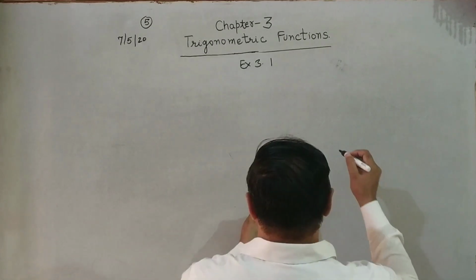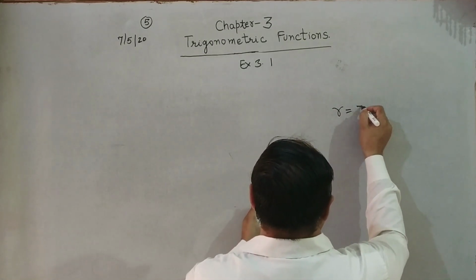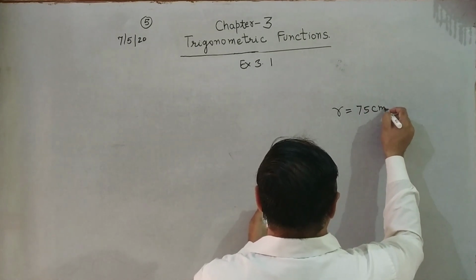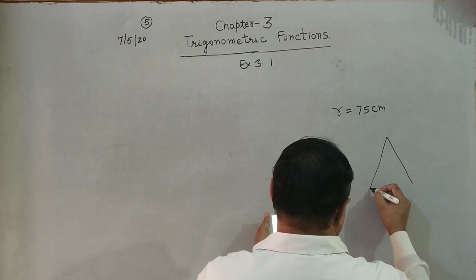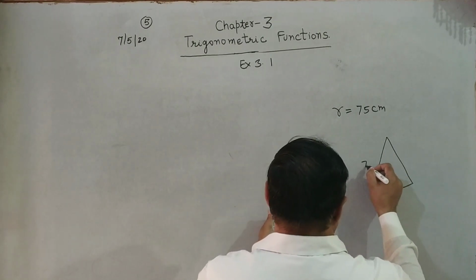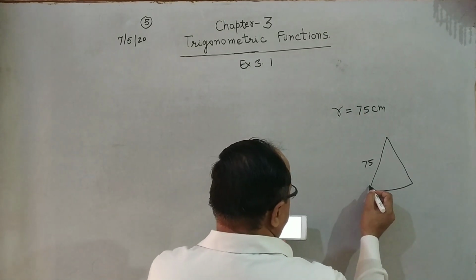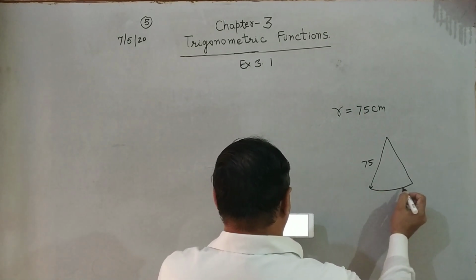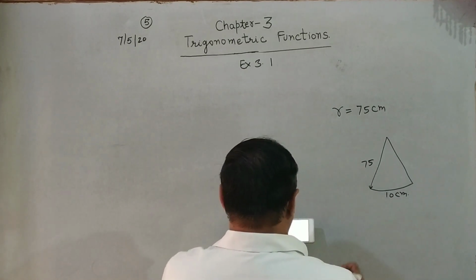In this question, the radius is given, that is 75 centimeters. Like a pendulum, this is 75 centimeters, and this is the tip, and the tip describes an arc length of 10 centimeters.